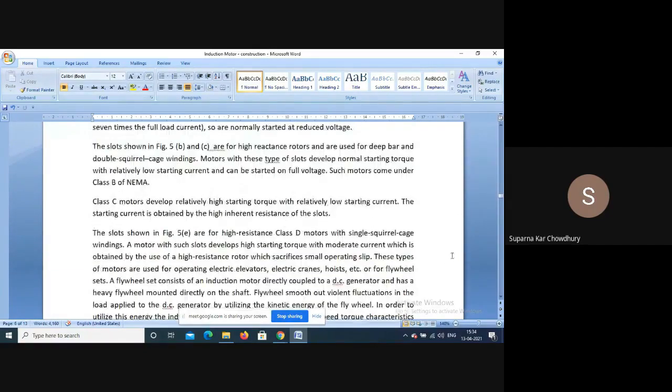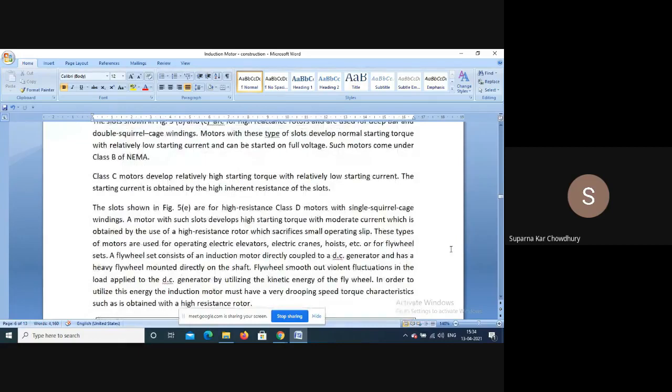This is class D. With squirrel cage windings, this motor will have high starting torque because it has high resistance, with moderate starting current, which is obtained by using the high resistance of the rotor. But as the resistance will not change with speed, it sacrifices some operating speed.